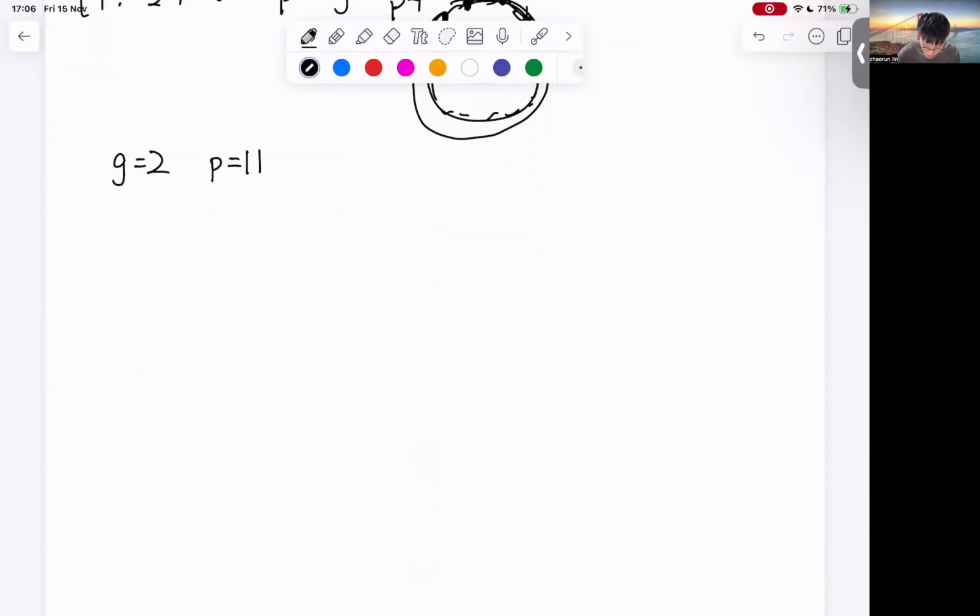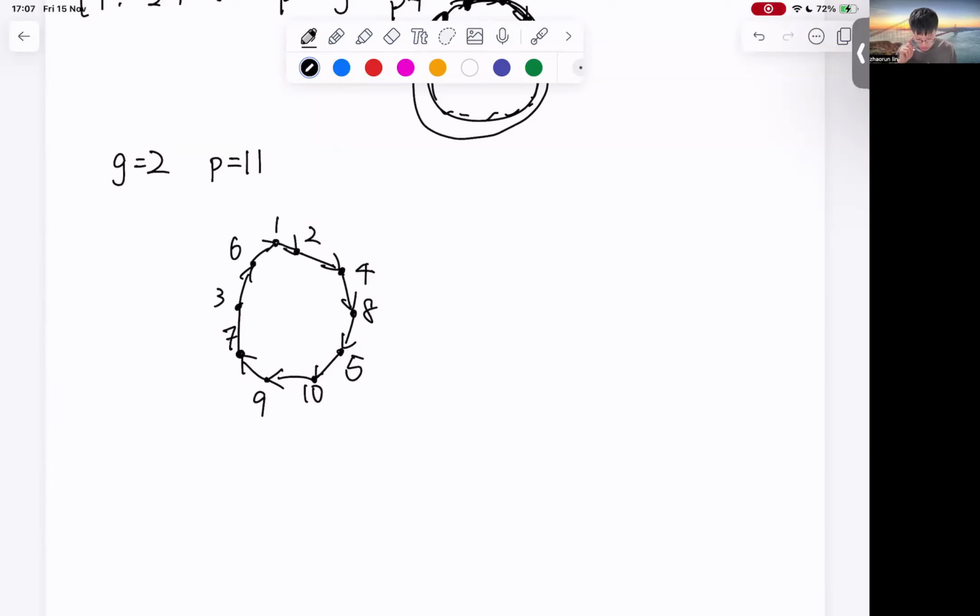So in the permutation graph, we have 2, 4, 8, 5, 10, 9, 7, 3, 6, 1, and then back to 2.